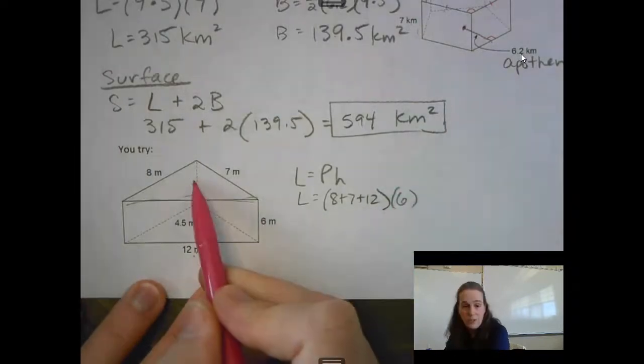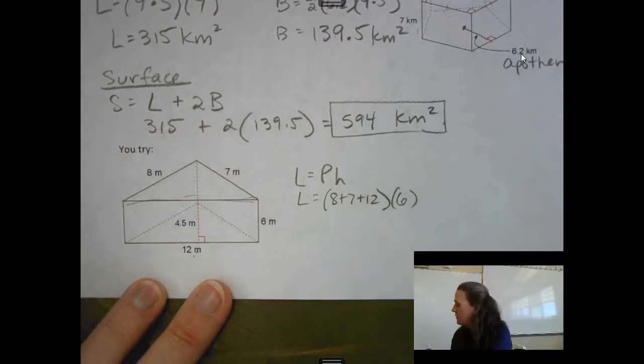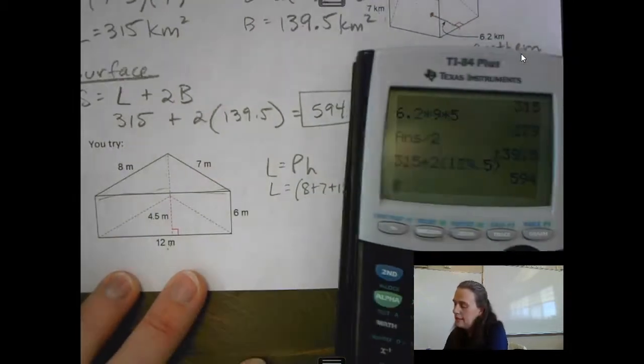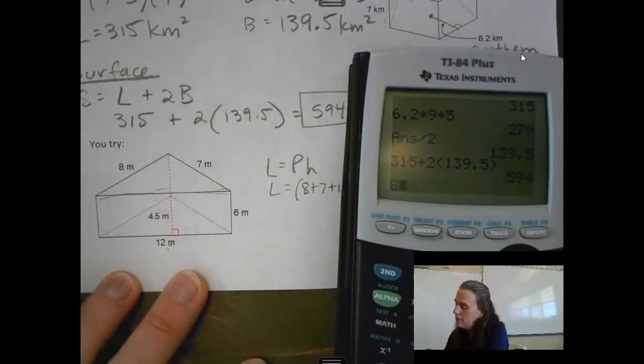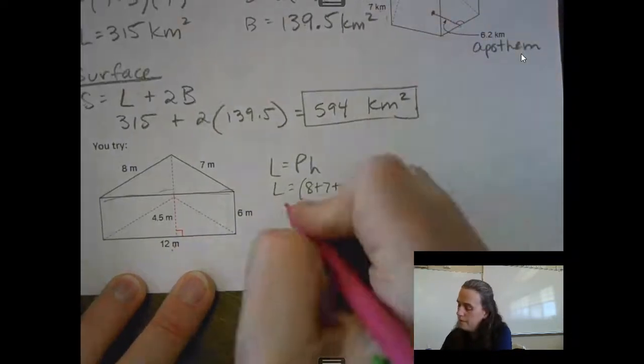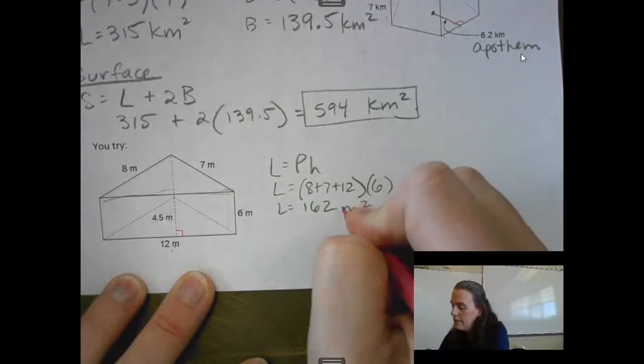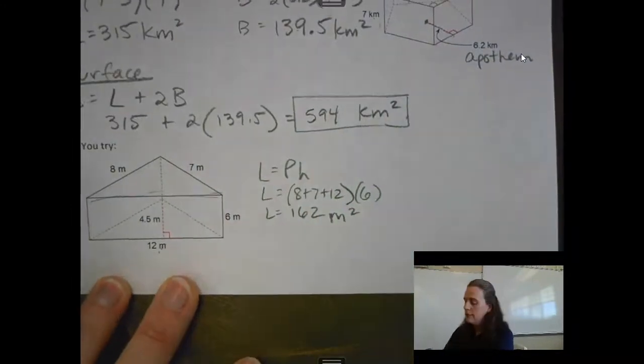Okay, so I can see there's a triangle on the top and a triangle on the bottom. Those are the bases, they match. Let's do this. So the lateral area, 8 plus 7 plus 12 times the height, 162 meters squared. Okay, that wasn't too bad, was it?